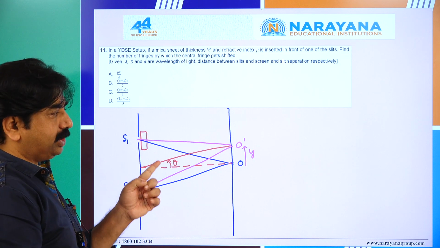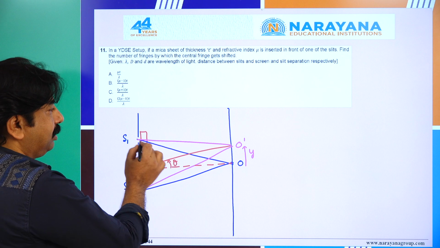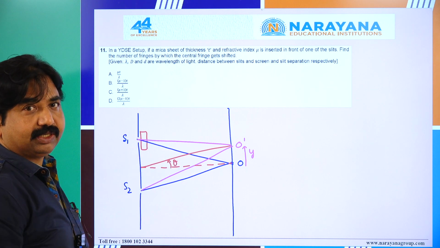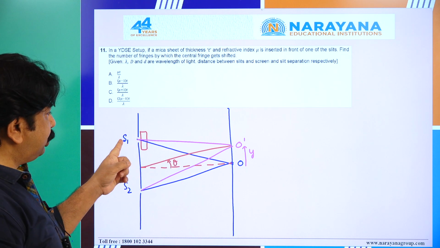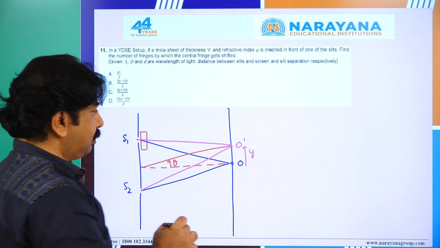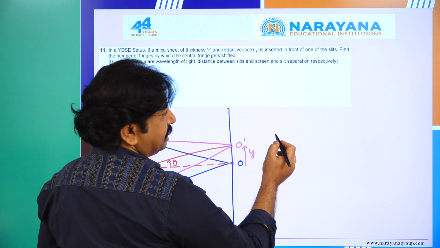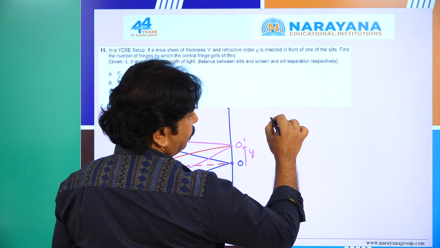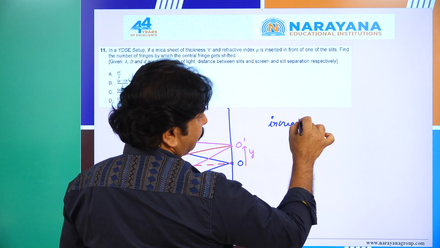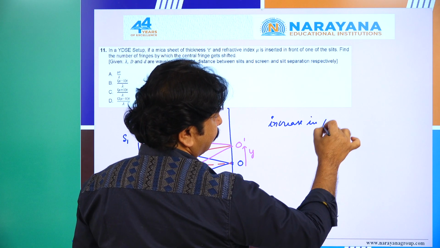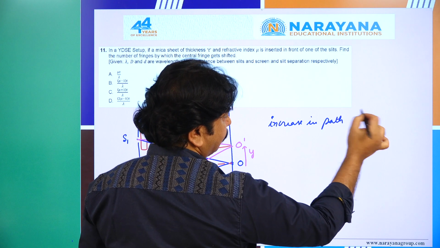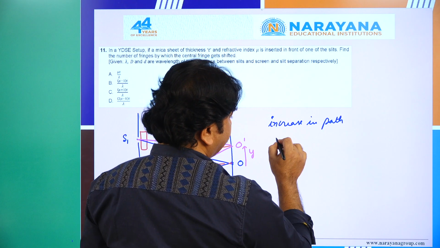But due to the mica sheet, what will happen? Certain path will increase. The path will increase due to the mica sheet. So what is the increase in path due to mica sheet?